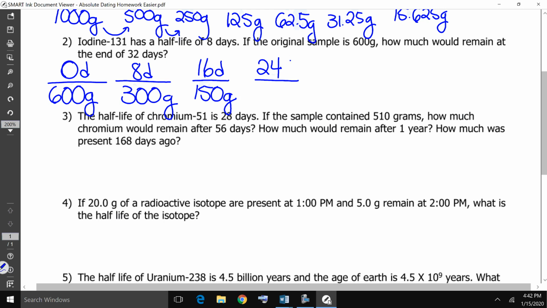So our third half-life is 24 days, 75 grams. And we still have one more step to go. 24 days plus 8 days equals 32 days. And then we have 37.5 grams. And that is our answer to the question. How much would remain at the end of 32 days? 37.5 grams.